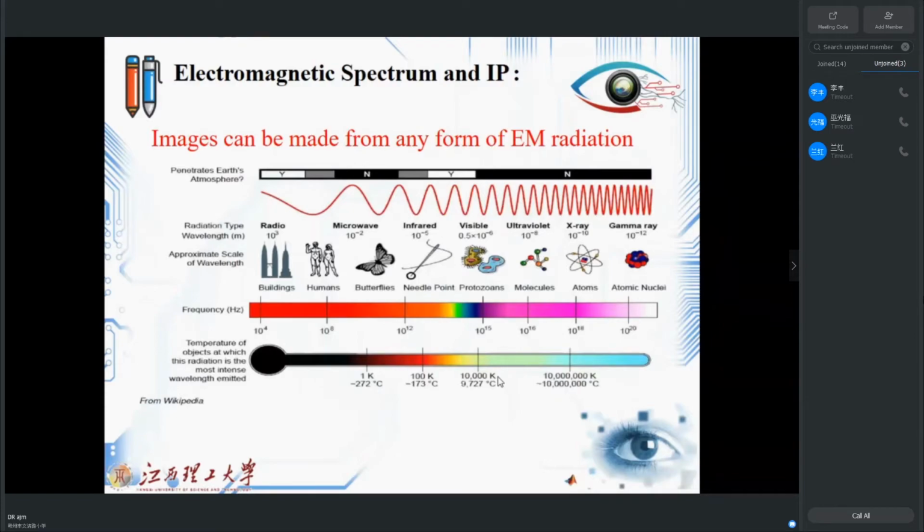You will see the radio type of wavelength, and we are near this, meaning that for humans it is 10 to the power 10 or 10 to the power 8. Even if we want to convert it into temperature, it's below minus 272 degrees Celsius, or near 1 Kelvin, meaning the energy that you can take.